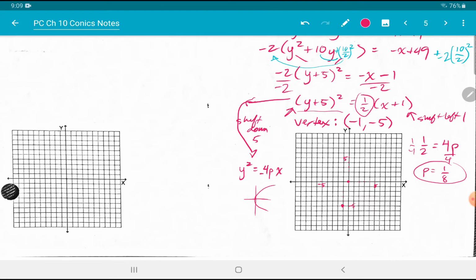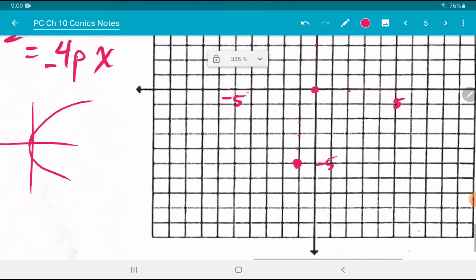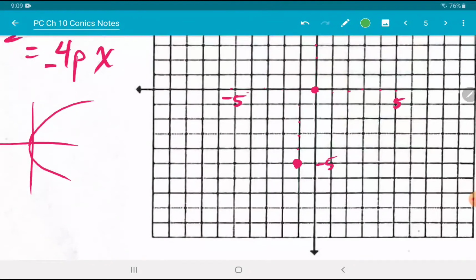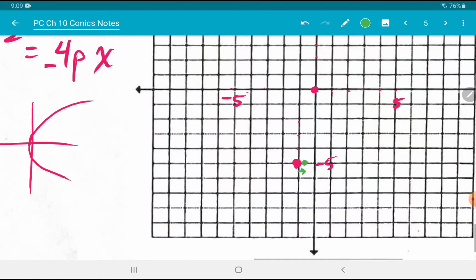And then also remember that your p-value is a length of 1/8. So from the vertex, we're just going to go to the right by 1/8, and that is really, really small. So you're going to hardly see it. Here's our focus.